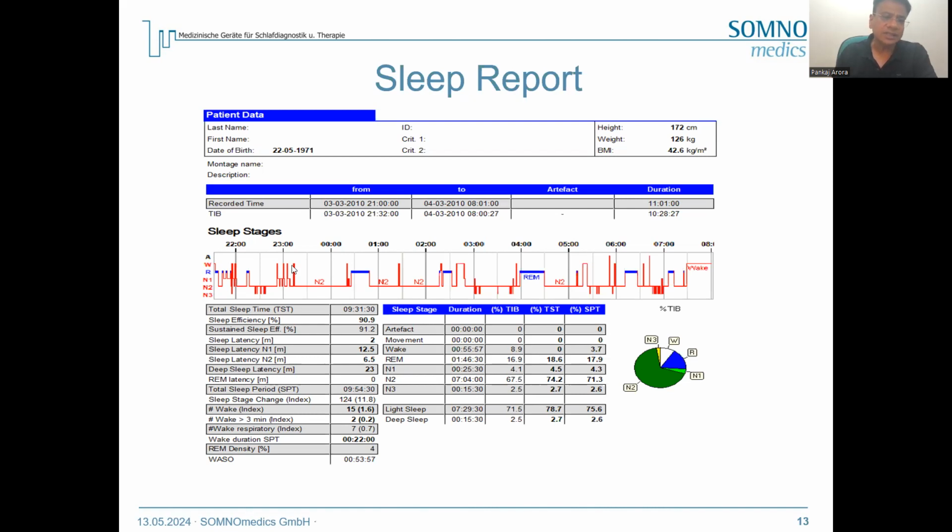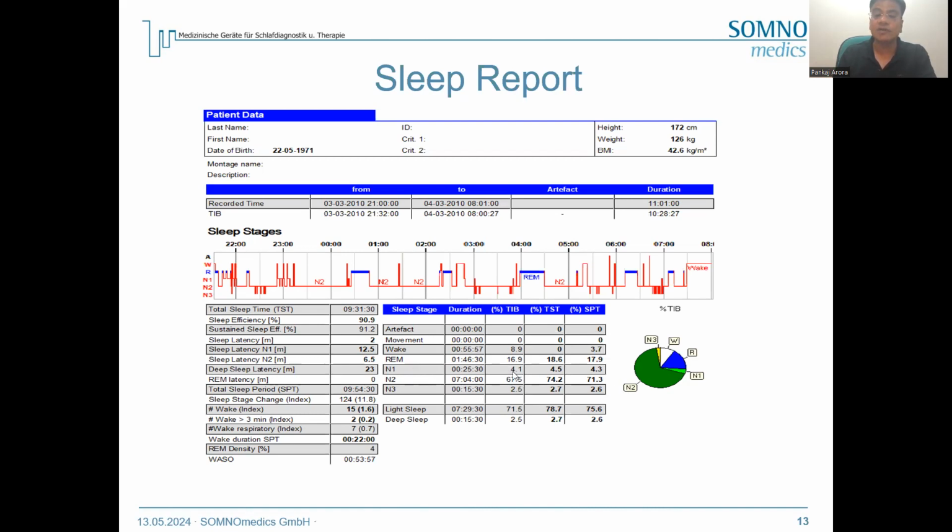If you see it, you will appreciate that the patient is mostly in N2 stage, which I told you comprises most of the total stages. It should be 45 to 50%, but in this particular case, if you see this graph, it is more than 50%.